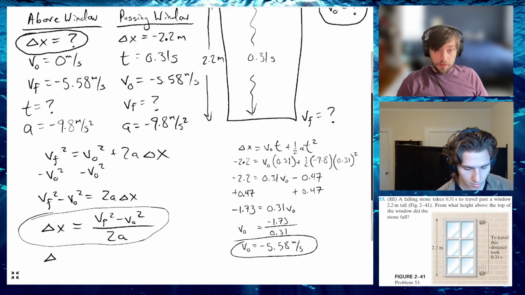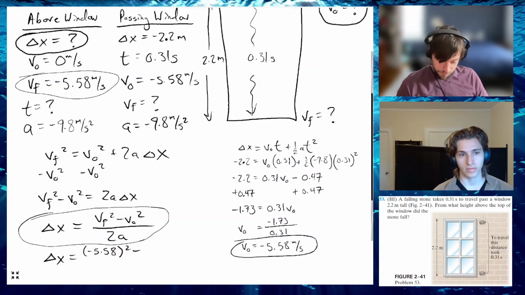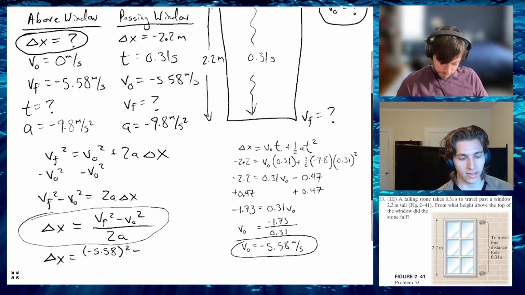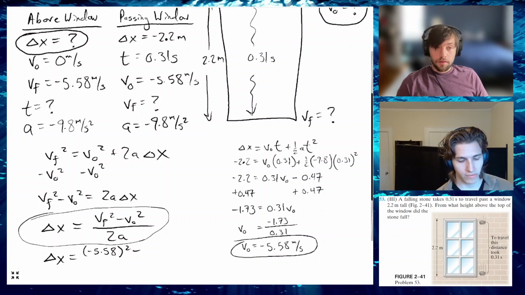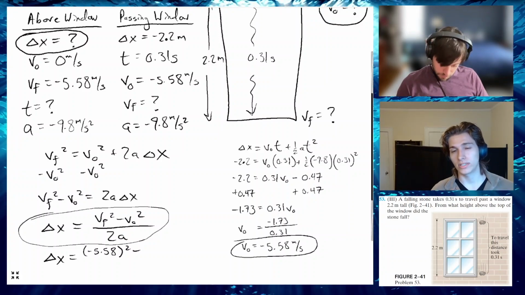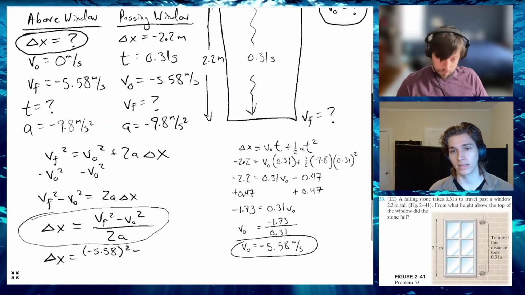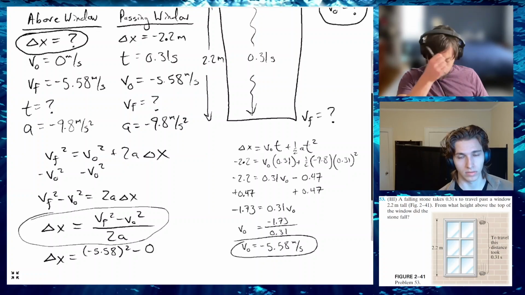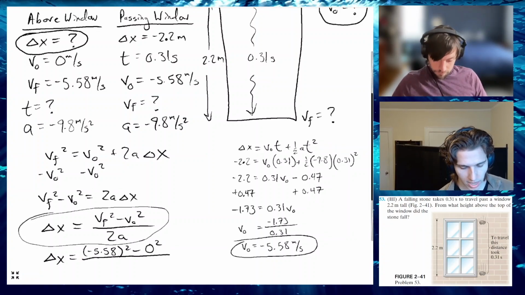Okay, so we know that v final is, it's still negative 5.58. Exactly. We're just using all the information in this left column. So it's negative 5.58. We put that inside of parentheses and we square it, which is essentially going to make the negative not matter because a negative squared is a positive. What is v initial? V initial is 0. Perfect. And then what is a?